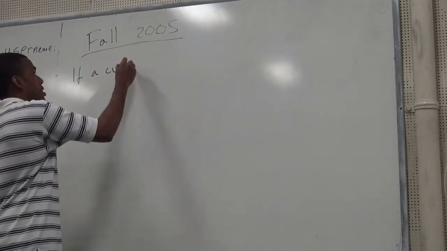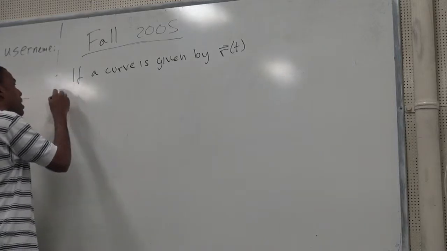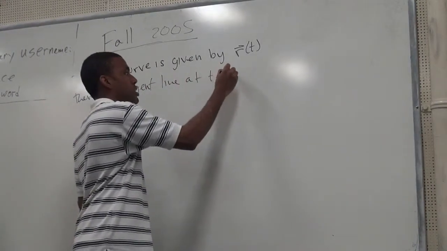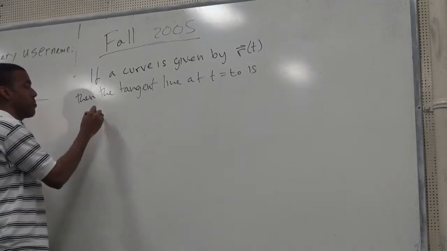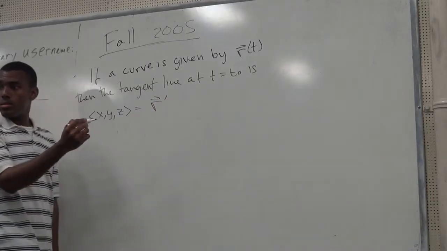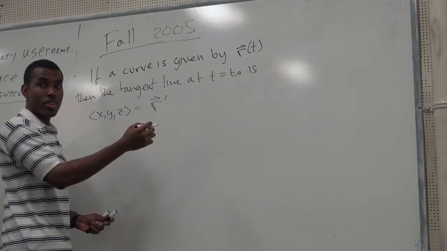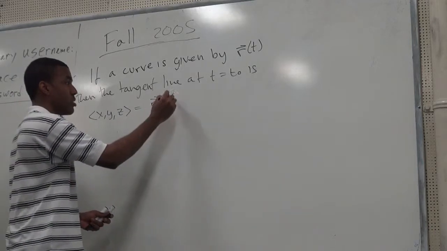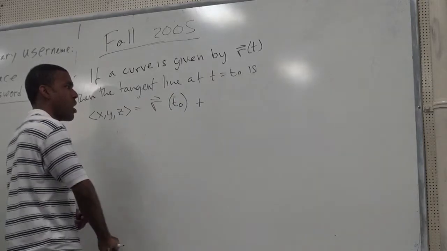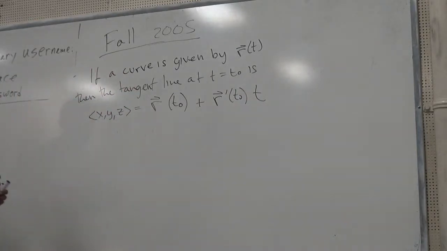If a curve is given by r of t, then the tangent line at t equals t0 is r evaluated at the point, plus r prime evaluated at the point, which is the direction vector, times t.